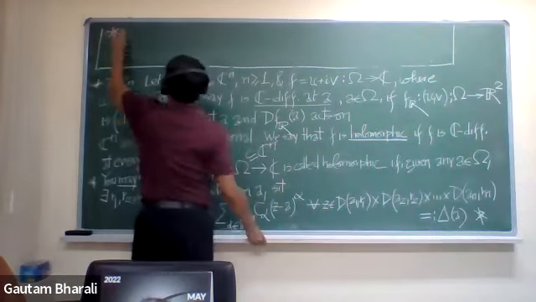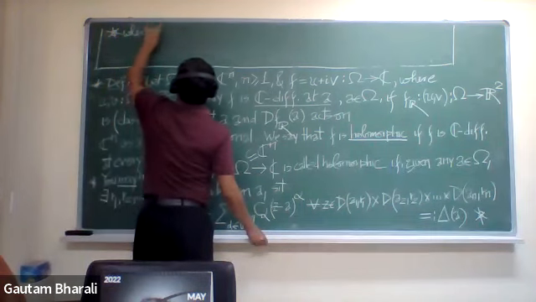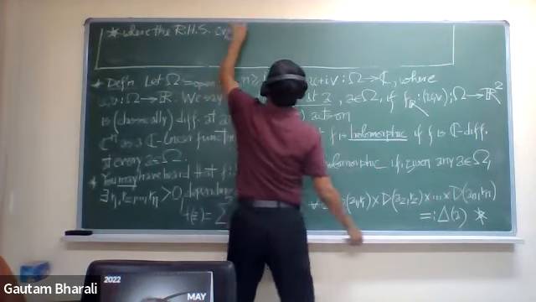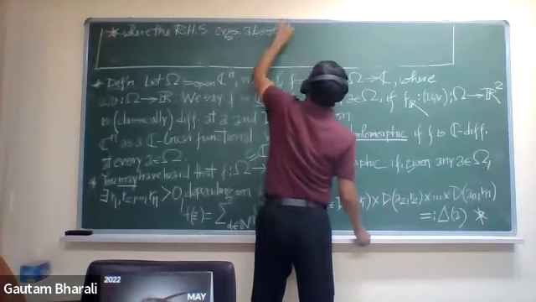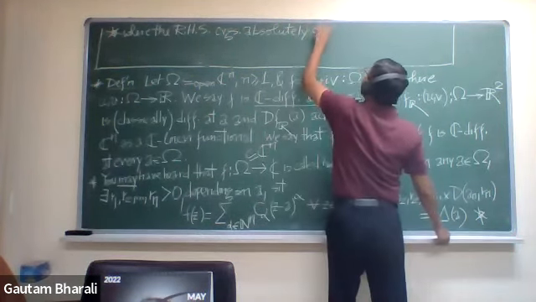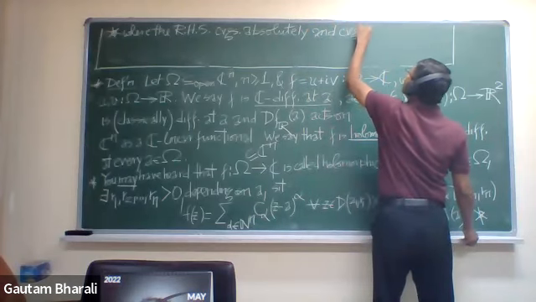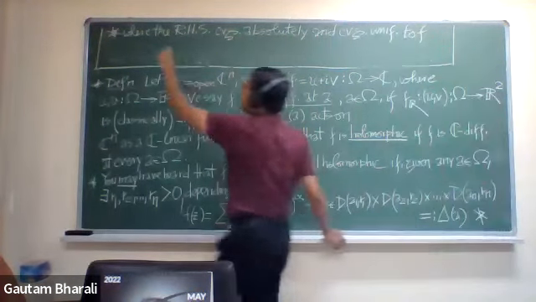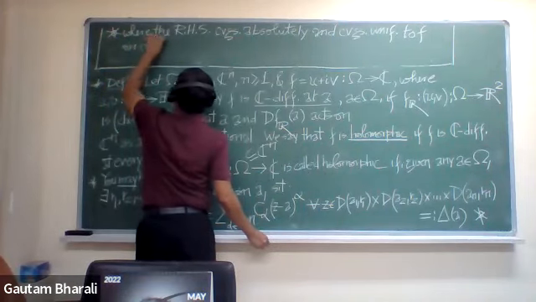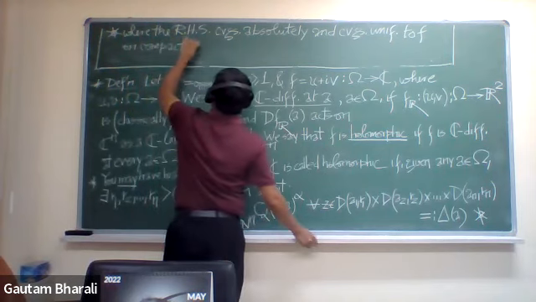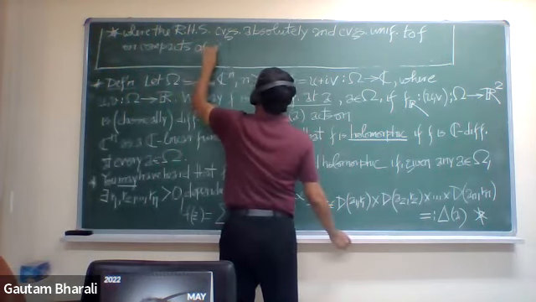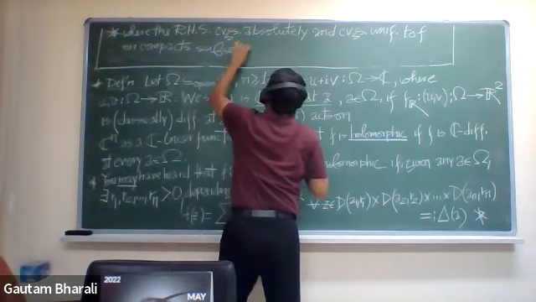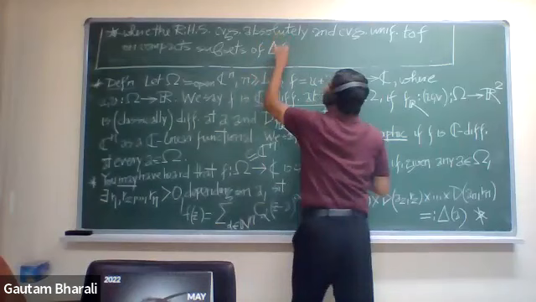Where the RHS converges absolutely and also converges uniformly to f on compacts, on compact subsets of delta a.